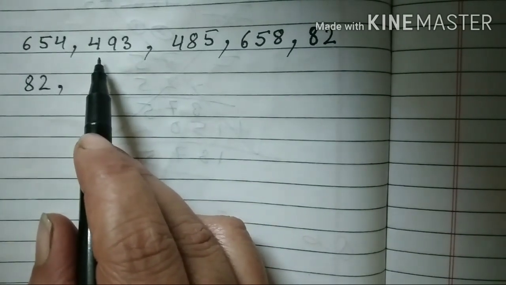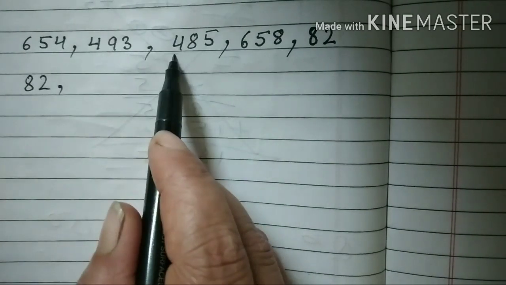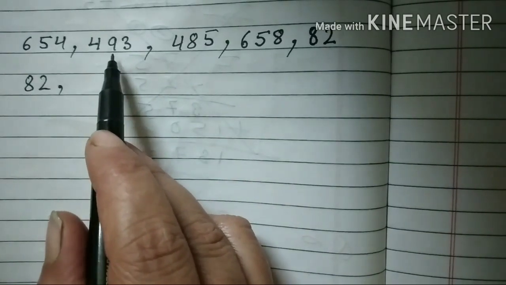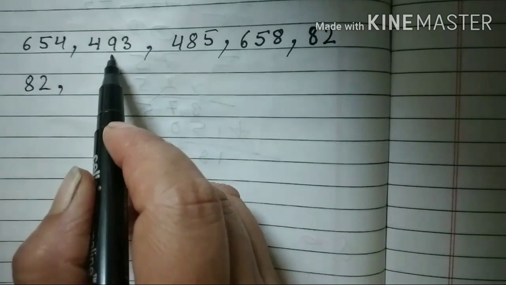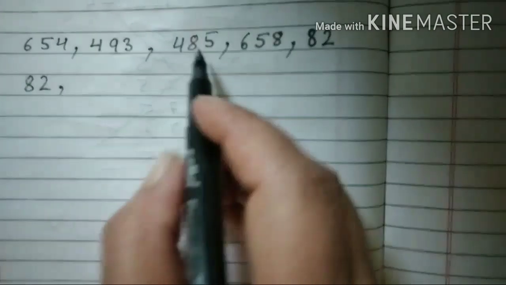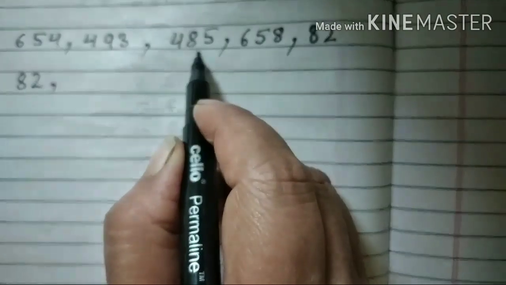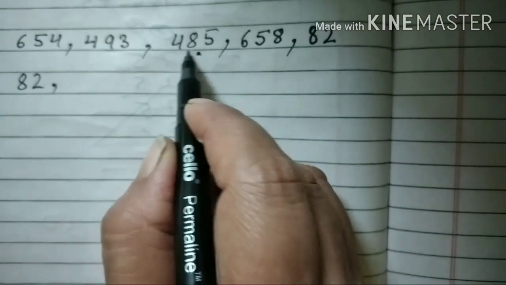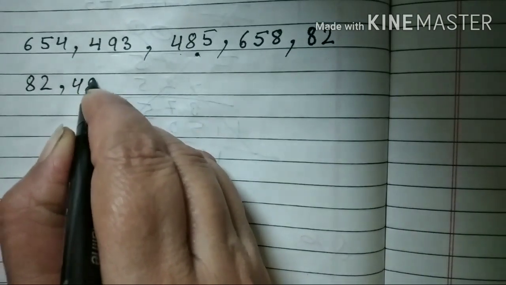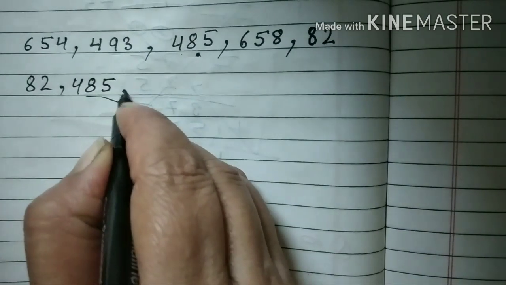So what will we do? When the hundreds place digit is the same, then we will check the tens place digits. Here at the tens place digit we have 9 and here we have 8. So 8 is smaller than 9. So 485 is the smallest number.